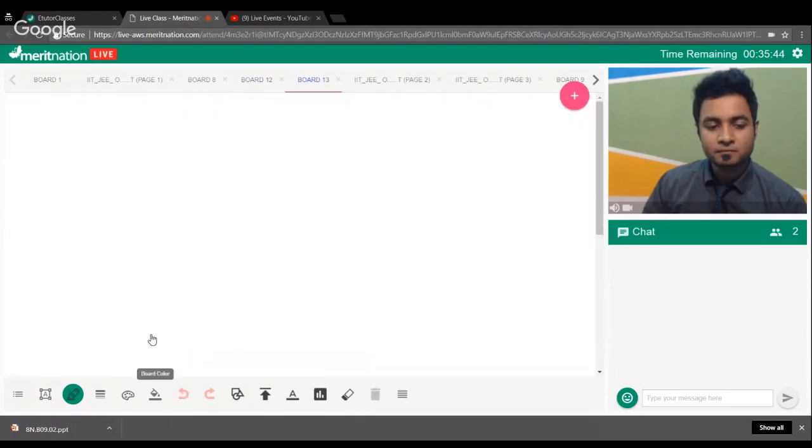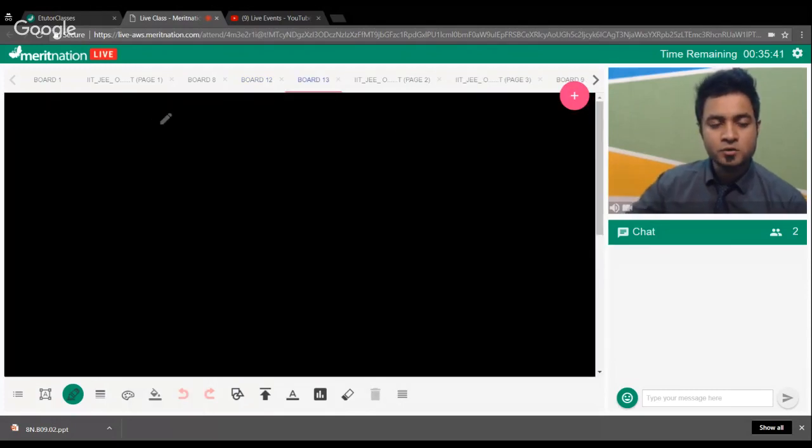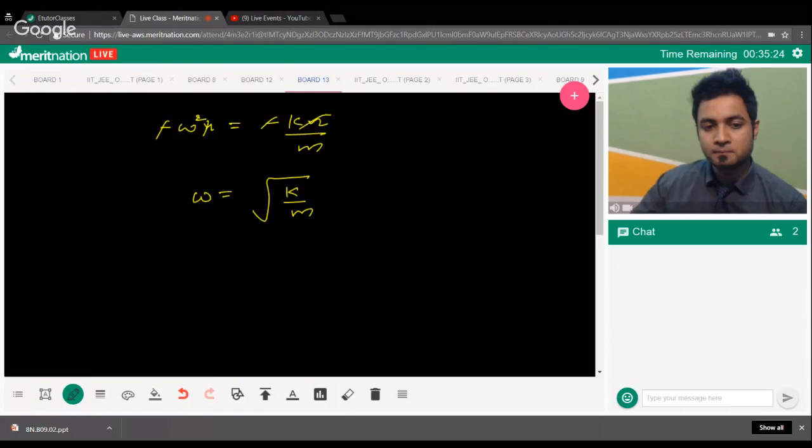Right, guys? So here I'm going to write it again, that is minus omega square x is minus kx upon m. It shows that this spring mass system motion is a SHM, right? So here I can calculate that omega is under root k by m.